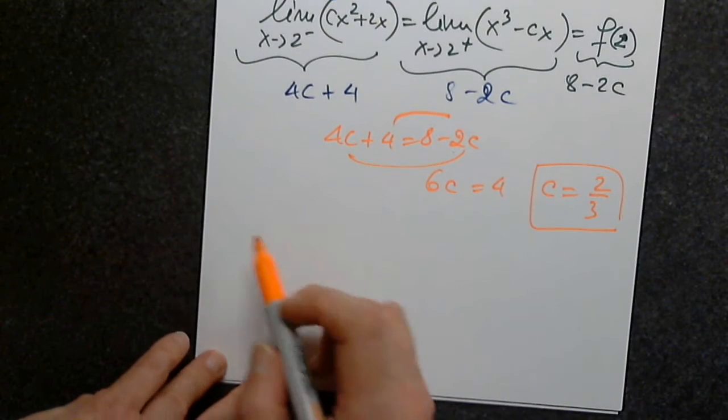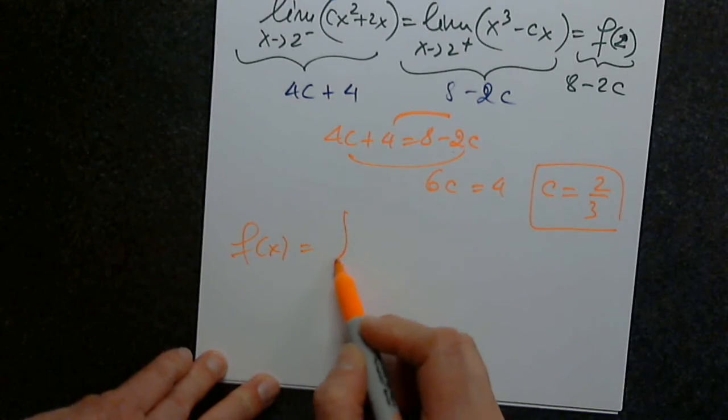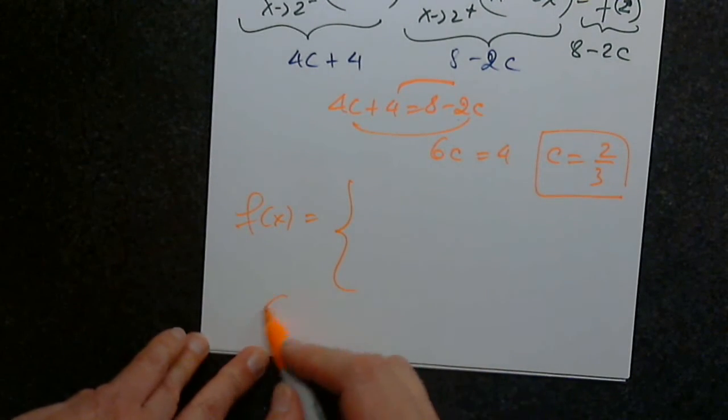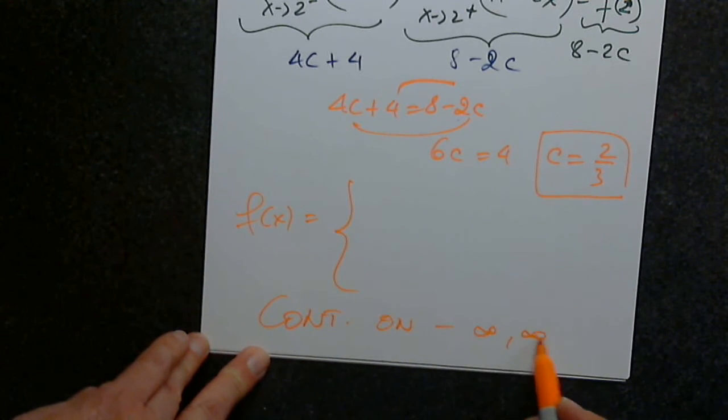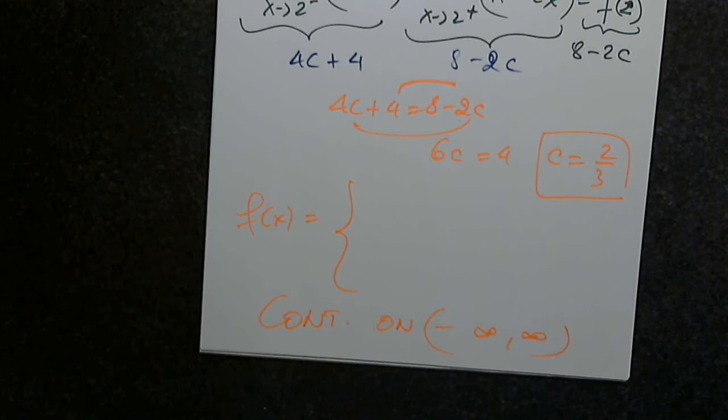I do have to go back and rewrite the function and say f of x is guaranteed to be continuous on negative infinity to infinity. Of course, it means everywhere. So can anyone dictate how I write the function?